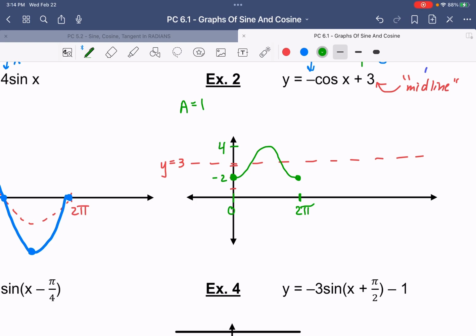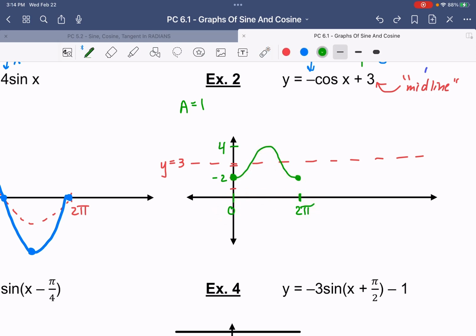A lot of students ask how much detail do we need on these graphs? Well, of course, you want to sketch your midline. And I need to see the y-axis labeled, so your max and min points. Okay, the general shape of the graph, and I need to see on the x-axis the beginning and end value. Okay, some teachers have you also label all those key points in between.